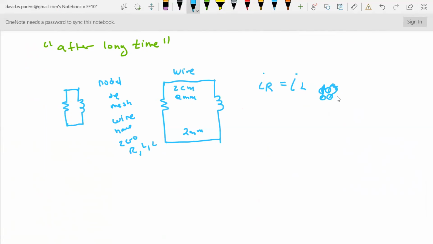Even if I added the resistance of these wires in here, we'd still have a problem. How can the current instantaneously change from one spot to another? How can they communicate faster than the speed of light? And it is that mathematically this picture and this picture are the same. All right.